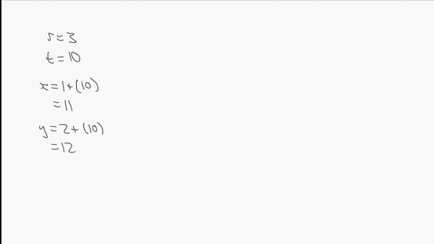And for z, it will be 4 times 10, which will be 40. So the final answer for this example, where all 3 points meet, would be (11, 12, 40). So yeah, here's an example of what a simultaneous equation of intersect at one point would do. And how you do it is simultaneous equations, just like R2 and just like R3. They're exactly the same.